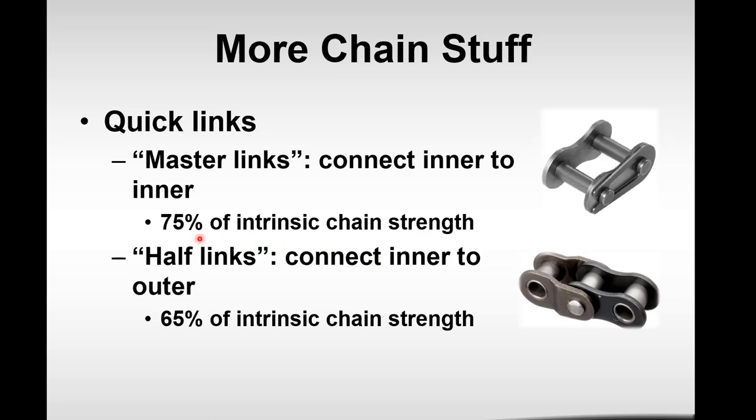As a general rule of thumb, if you use a master link, that link will only be 75% as strong as the rest of the chain. If you use this half link, it's 65%. It also is more likely to jam. So whenever possible, you want to design so that you have an even number of chain links so that you can use this type of master link rather than the offset type.